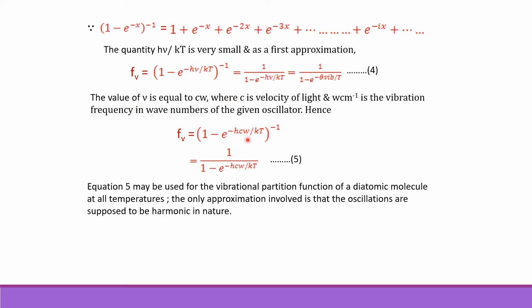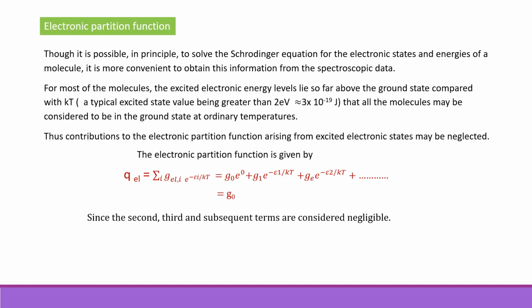So the equation becomes this particular equation, which we can express in the form of equation 5 if you take this in the denominator. Equation 5 may be used for the vibrational partition function of a diatomic molecule at all temperatures. The only approximation involved is that the oscillations are supposed to be harmonic in nature.